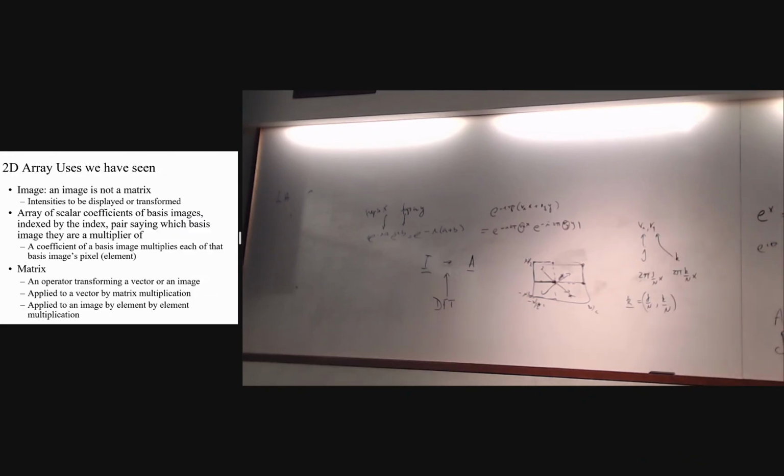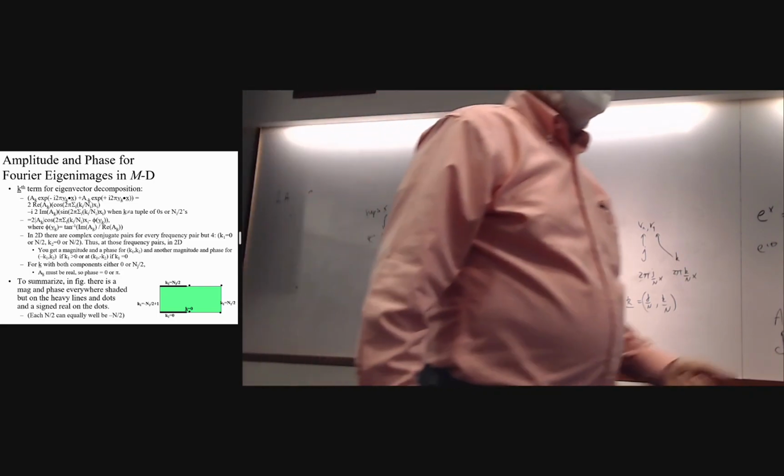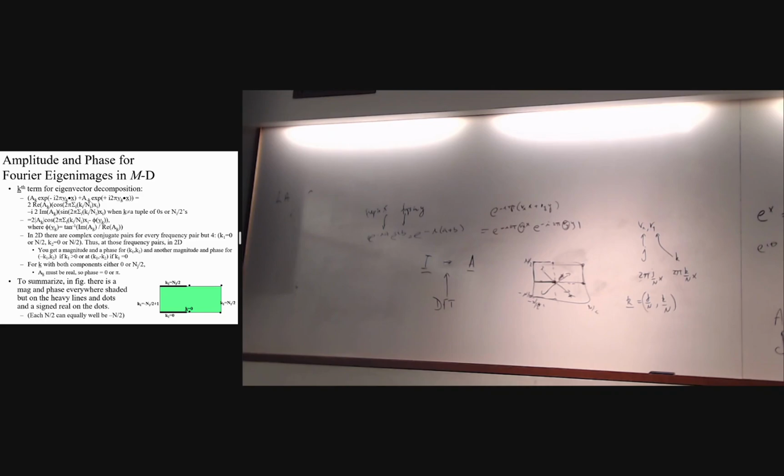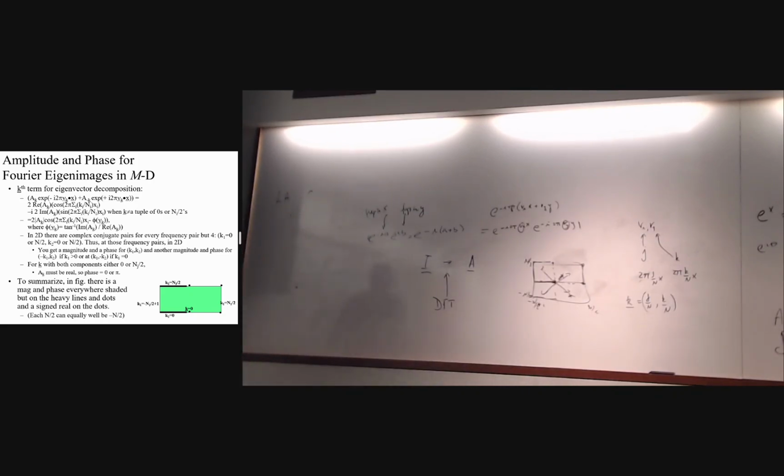And so what ends up happening is, in your program, you can understand what is going to be produced as a magnitude and a phase for every frequency that's green, and a magnitude only for the bars and the dots, because those frequencies 0 and n/2 are going to have only magnitudes, not phases.